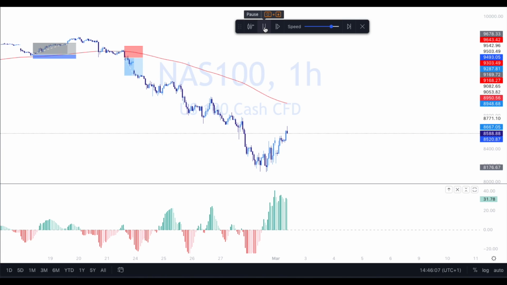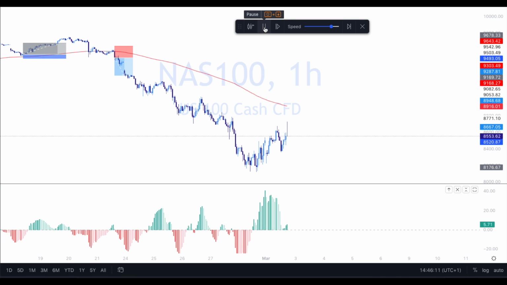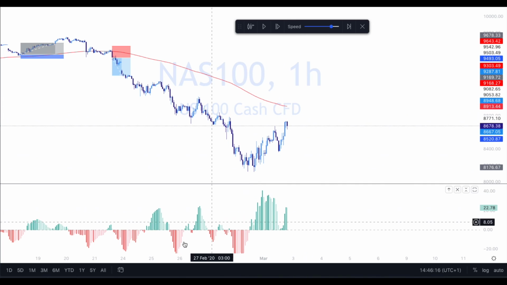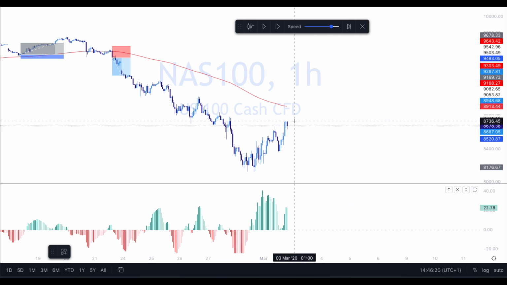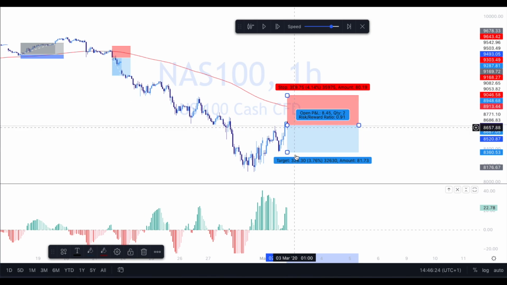Okay, so we're getting super close. So at this level, I would go in with another sell. Put my sell right here. I'll put my stop right above here.